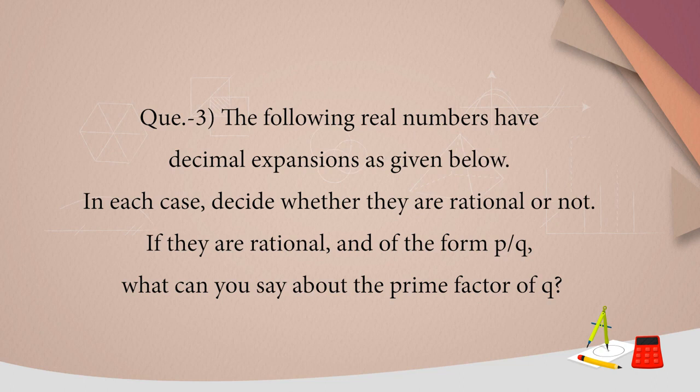Let us do the next question, which says the following real numbers have decimal expansions as given below. In each case, decide whether they are rational or not. If they are rational and of the form P upon Q, what can you say about the prime factors of Q?